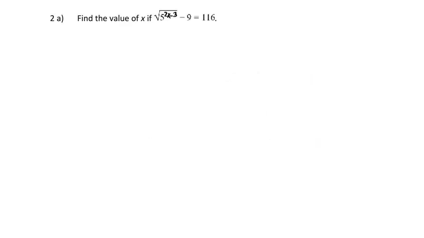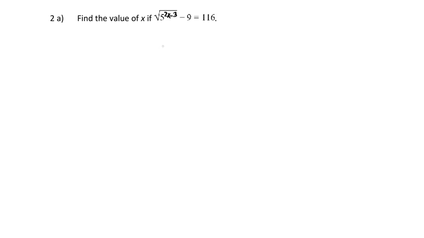Question number 2, part A. Find the value of x if under root 5 power 2x minus 3 minus 9 equals 116. Okay, so this is an exponential problem. So first step, we are going to collect the like terms.